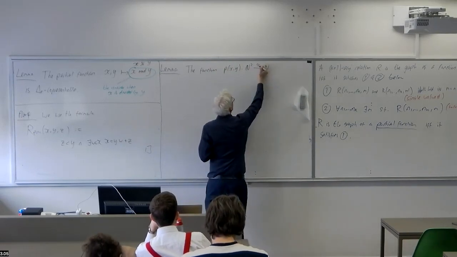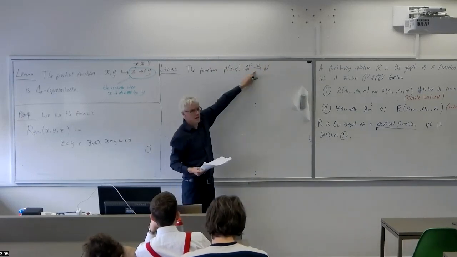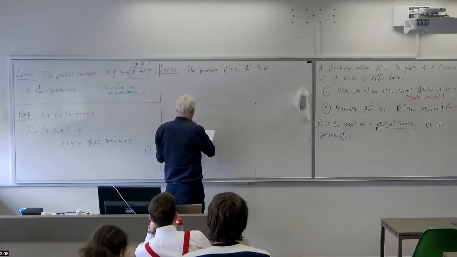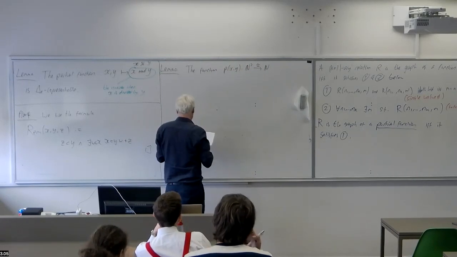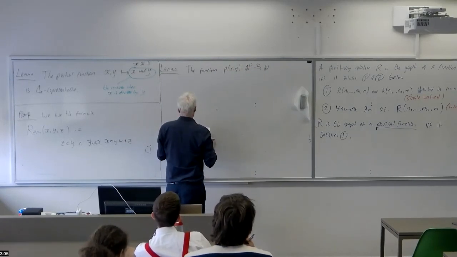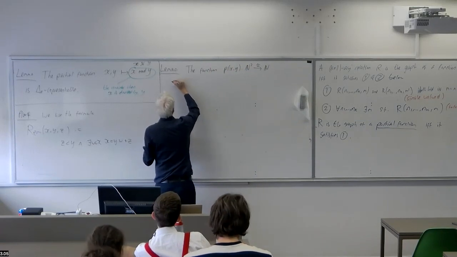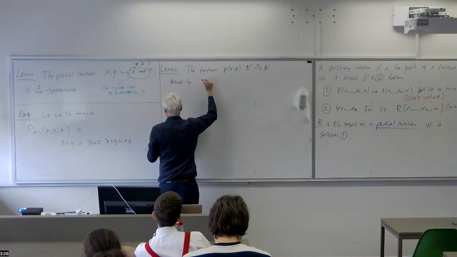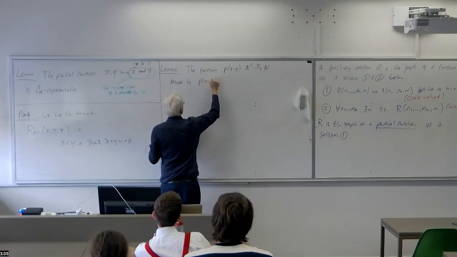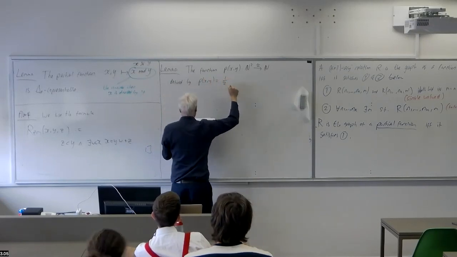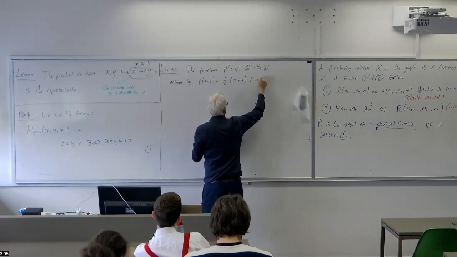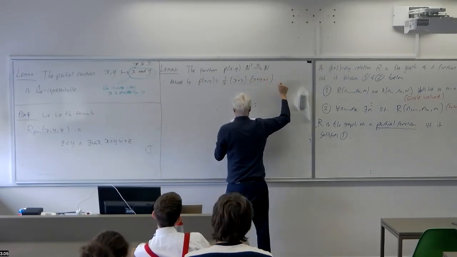In fact, the important property of this function is that it's a bijection, a bijective function from pairs of natural numbers to natural numbers, defined by p of x y is a half of x plus y times x plus y plus 1, plus x.